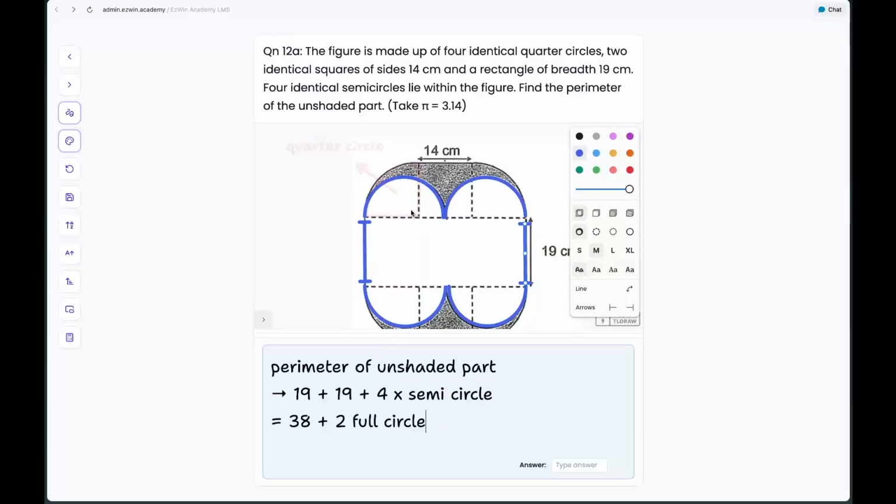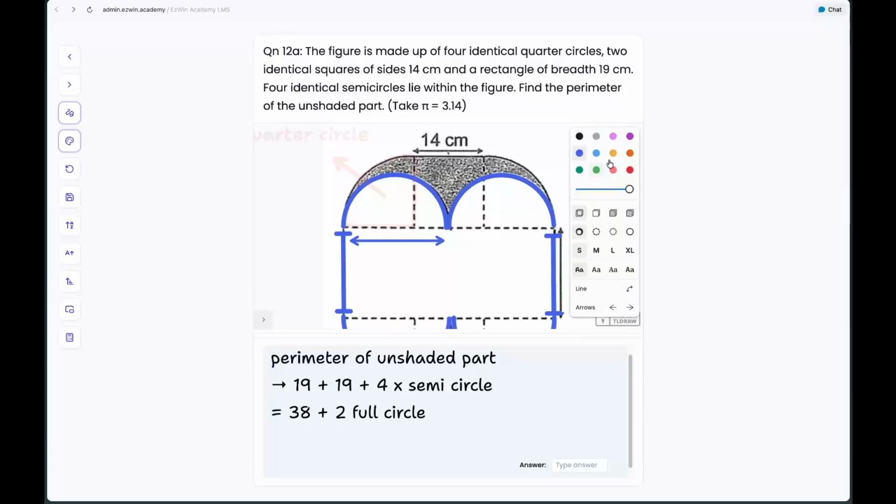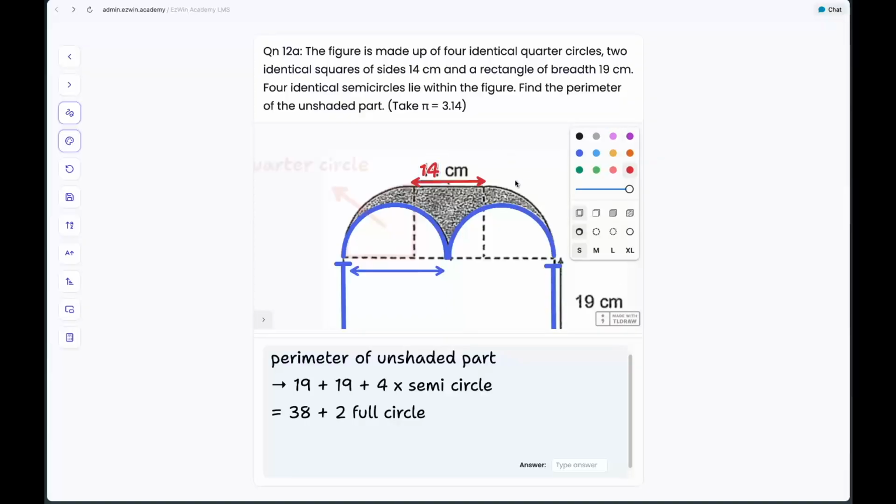To get the 2 full circles, we need the diameter of the semicircle over here. We know that this is 14 centimeters, and this is a square. You see 2 identical squares, which means this is also 14.